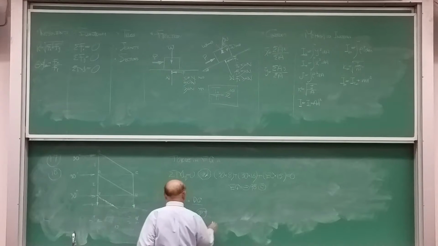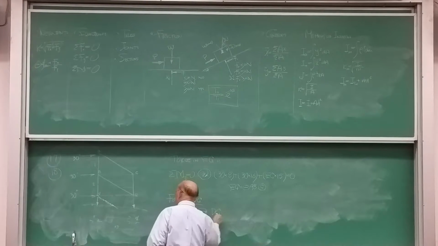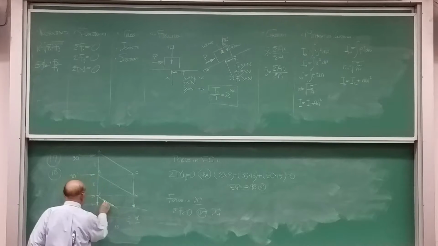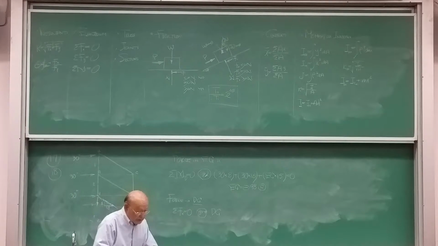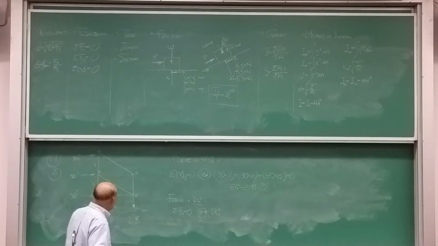DG, slope: this is the 8, this is the 15. We have to figure out the other side, and that's 17.